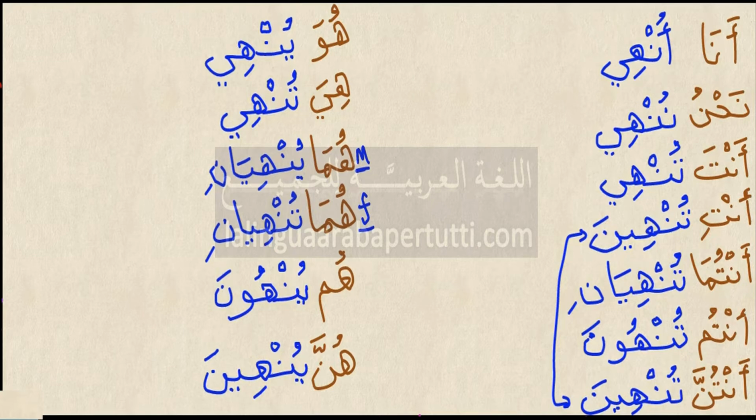أنا نحن أنت أنت أنتما أنتم أنتن هو هي هما هم هن. So we can say that we have 13 pronouns.